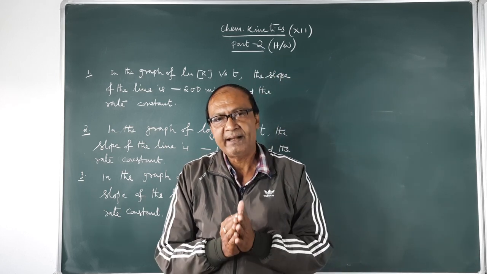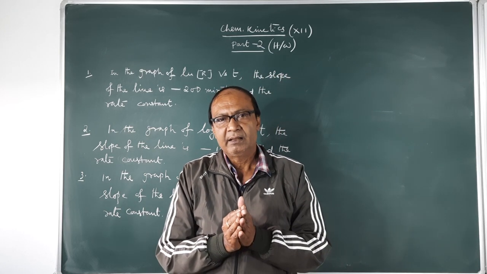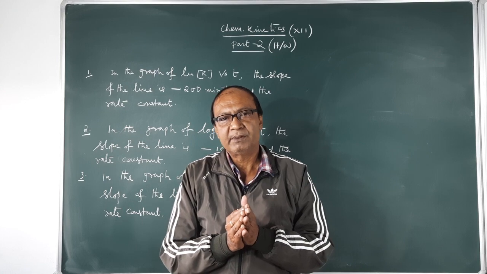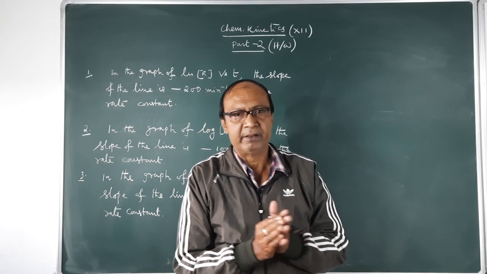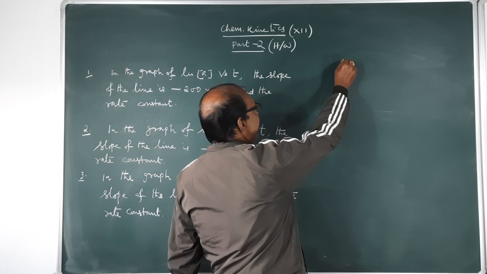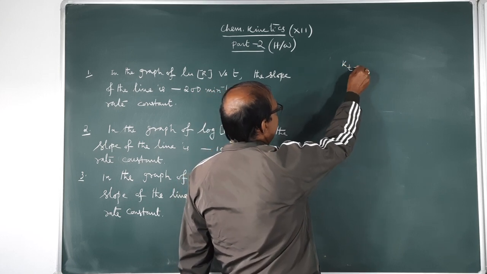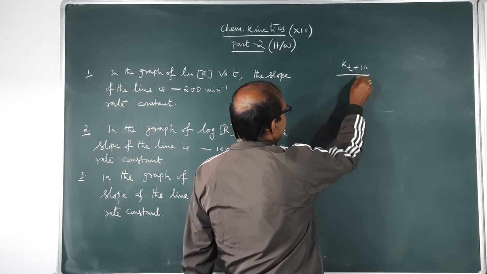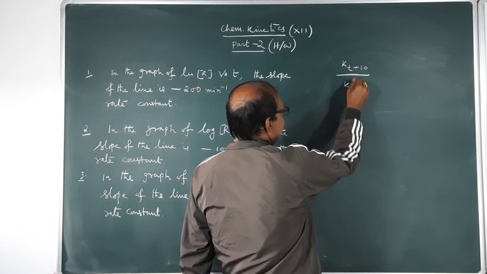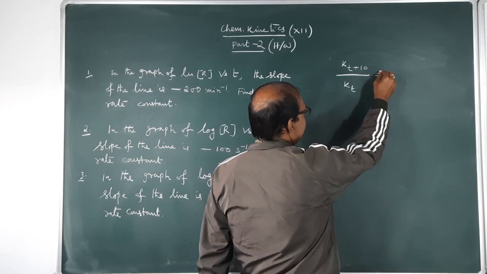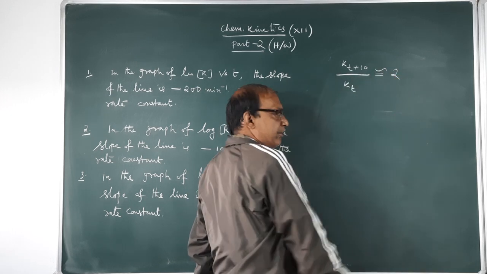Temperature: for every 10-degree rise in temperature, the rate constant of the reaction is nearly doubled. So this is K, the rate constant at T plus 10, divided by the rate constant at temperature T. This ratio is nearly equal to 2. Remember it.